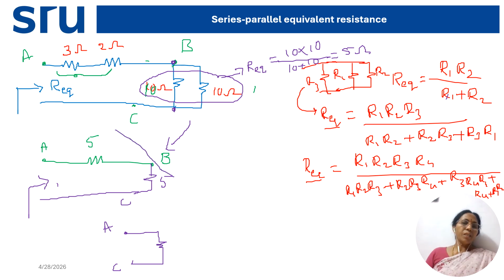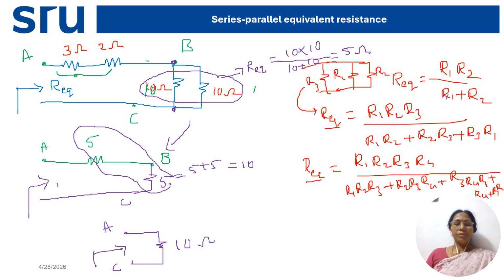I am combining these two elements together, R1 plus R2, that is 5 plus 5 equals 10. Now this 10 ohm resistance is your equivalent value. So like this you have to calculate if elements are connected in series and parallel. We will take one more example circuit.